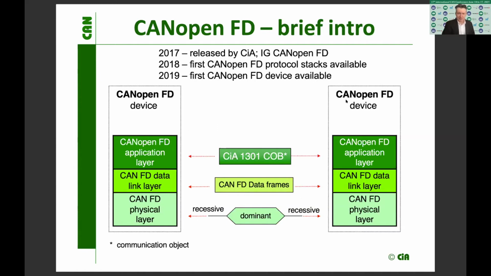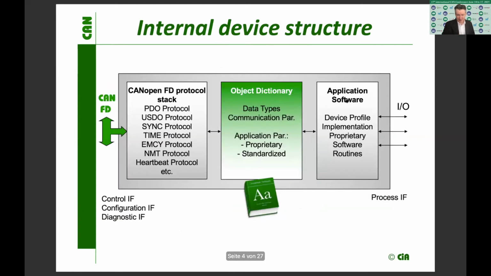It offers 64 data bytes and also some higher speed concept, but we're concentrating on payload. And payload affects which new communication services will be available, which we cannot have in classical CANopen. So this has a corresponding impact.